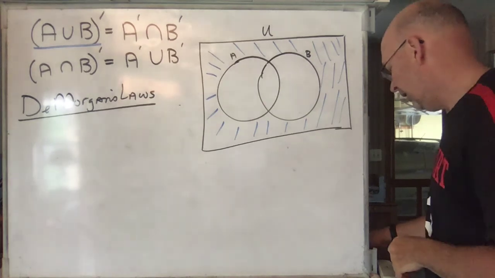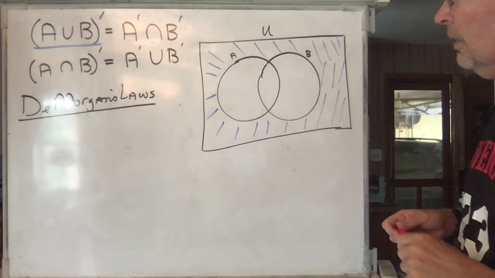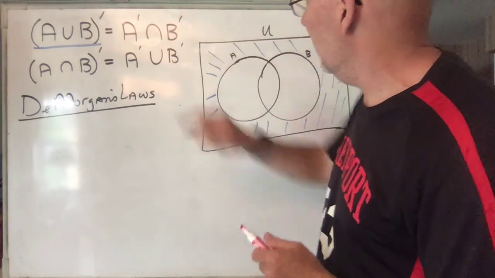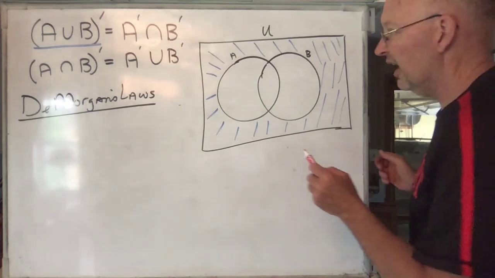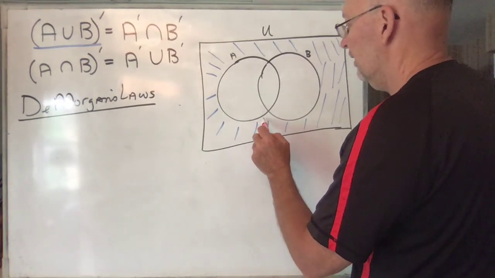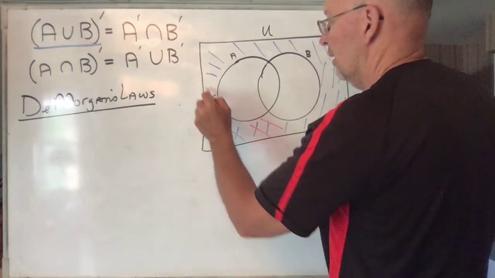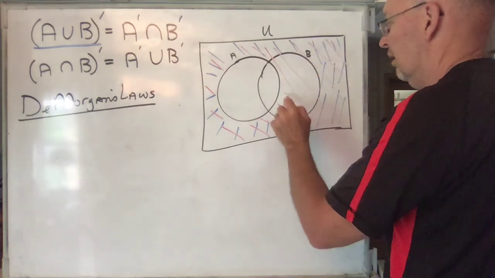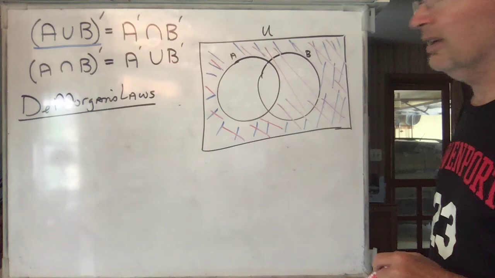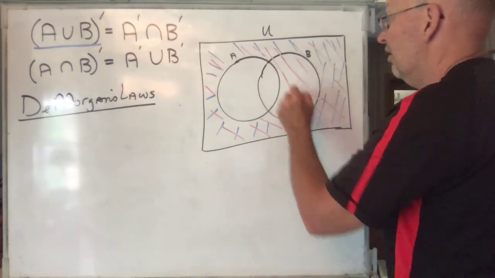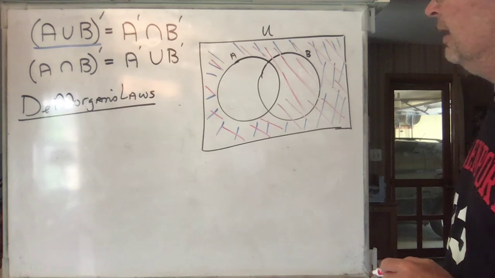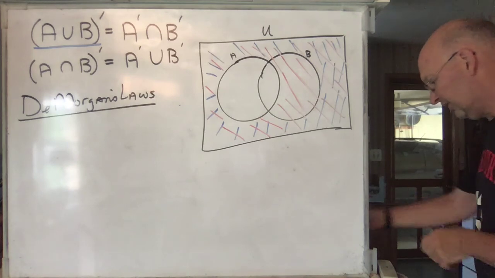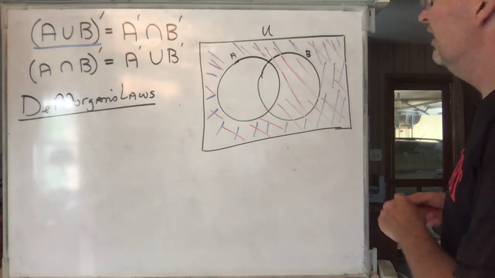Okay. Now, what about the right-hand side? The right-hand side says to do what? It says to first take everything that's not in A. Well, if it's not in A, then it's going to look like that. Can you see it? All this stuff is not in A. And now you take all the stuff that's not in B. If it's not in B, then it's going to look like this.